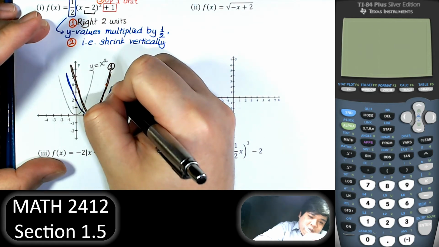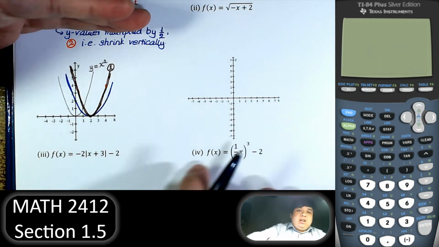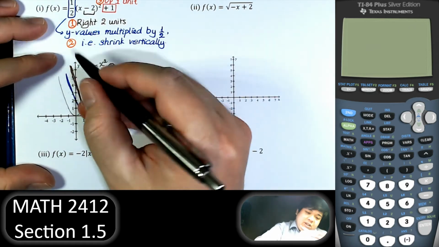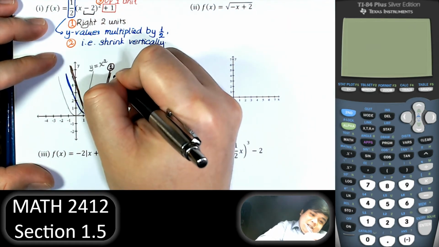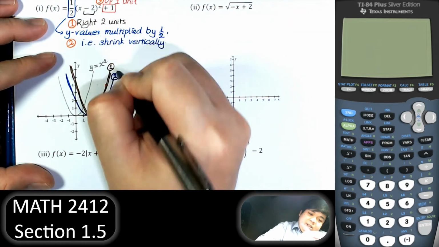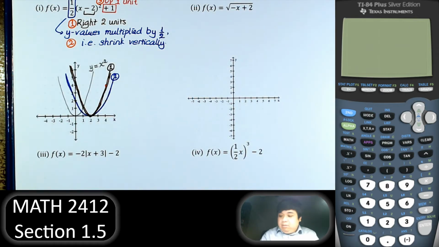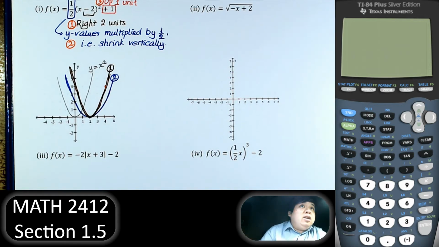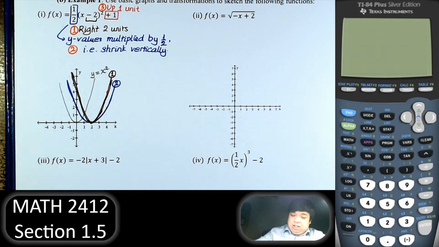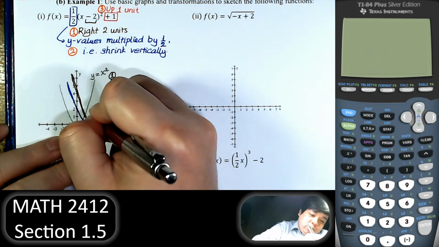So that is where we shrink it vertically. And that is the second part of the graph. And after that, we will move 1 unit up. So this is easy. That point 1 unit up.